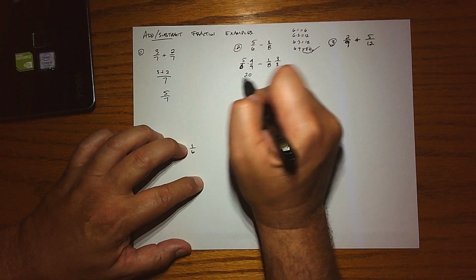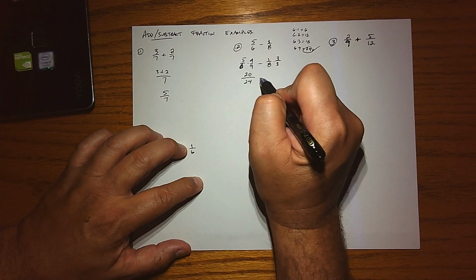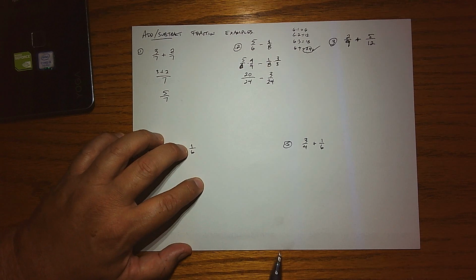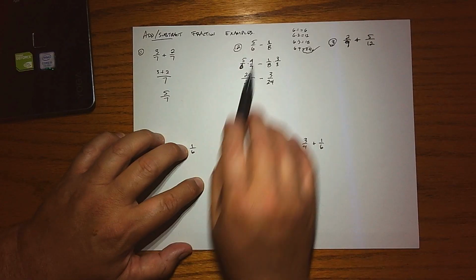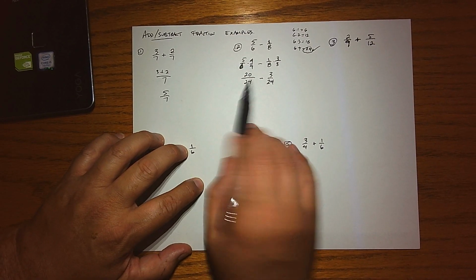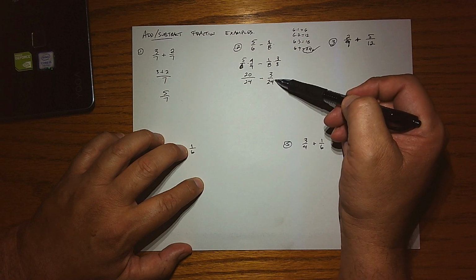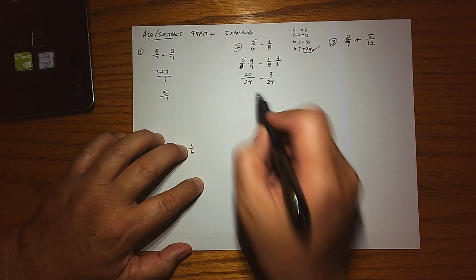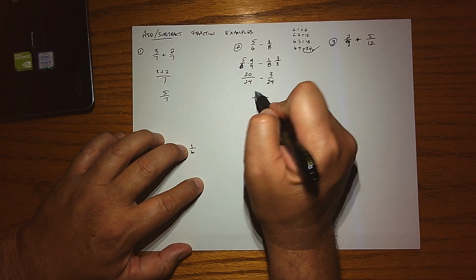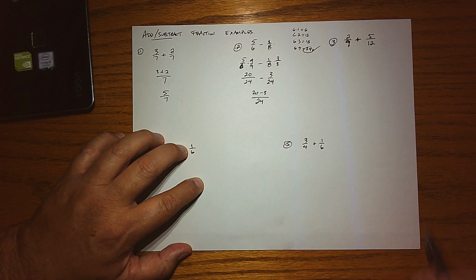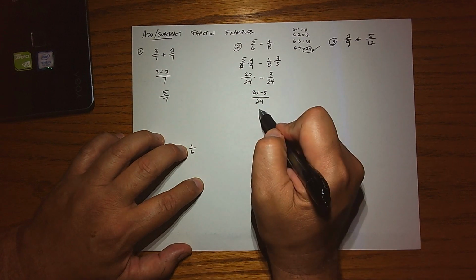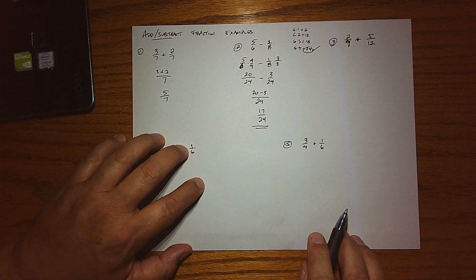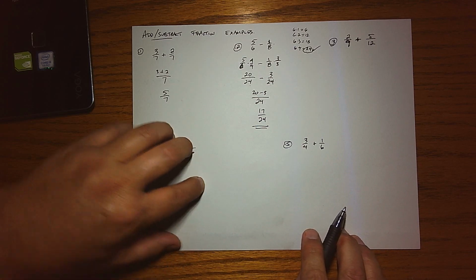This creates the fraction 20 over 24, and this creates the fraction 3 over 24. So now 5/6 is equivalent to 20 over 24, and 1/8 is equivalent to 3 over 24. Now that I have everything in the same pieces, I keep those 24ths, and I just subtract my numerators. In this case, we get 17 over 24 as our final answer.